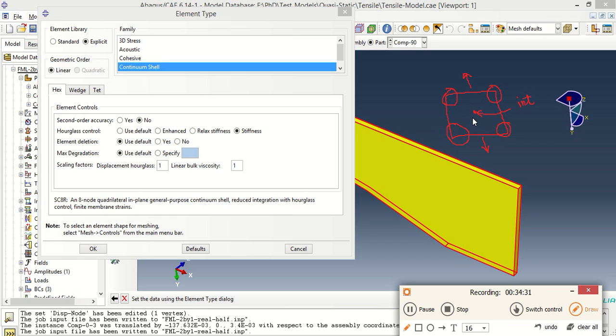But the calculations always take place at the integration point with respect to the shape functions of the element, and shape functions are related to the nodes. Taking the nodal displacement into account, shape functions are generated, and shape functions are used to calculate the stresses or strains at the integration point.